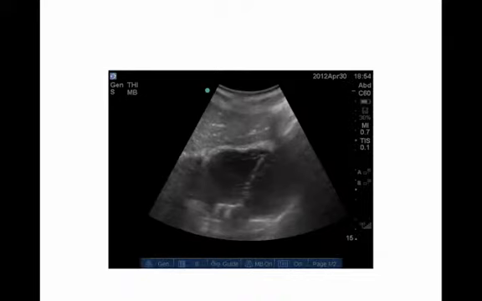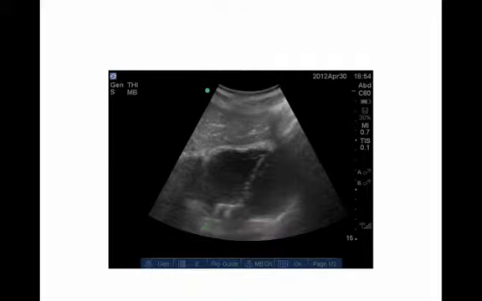Here is the ultrasound image that we want to generate. Again, let's go over the relevant anatomy on the sonographic image. Remember, this is near field, and this is far field.